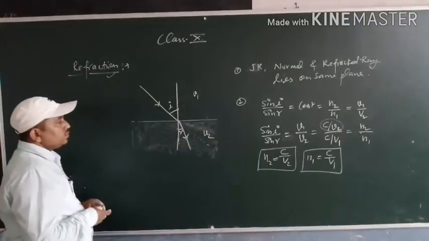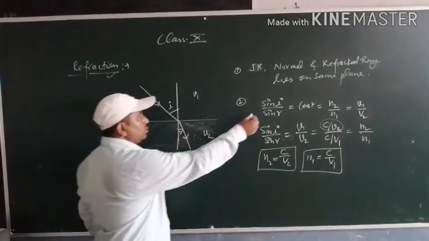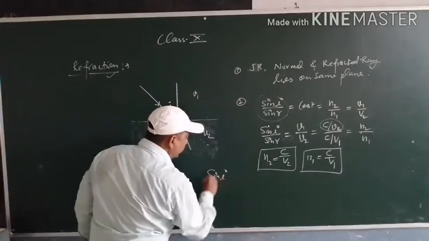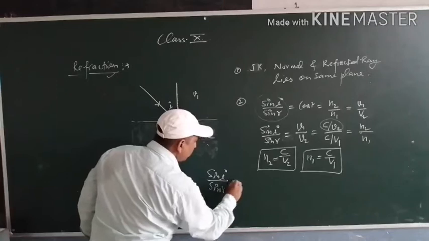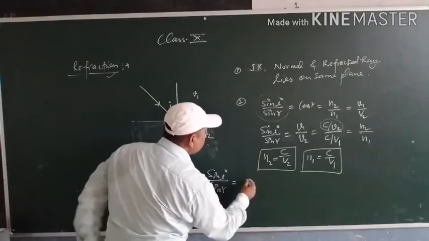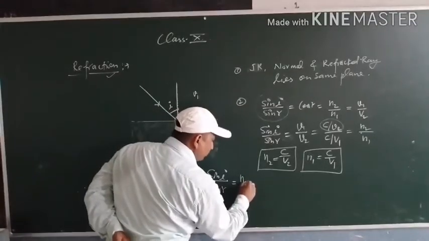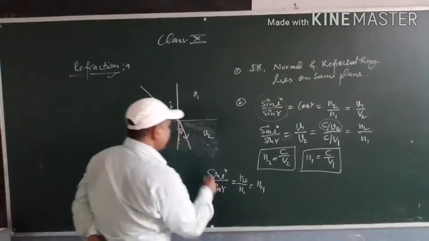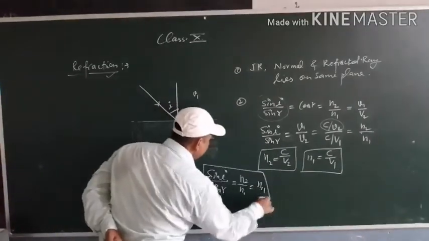So this rule can be expressed as sin I divided by sin R equals N2 by N1, which can also be expressed as N21. This is known as Snell's law.